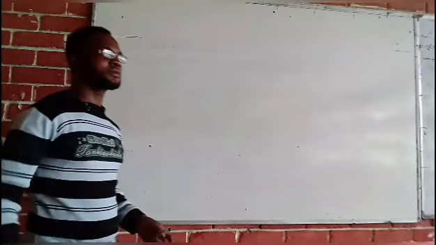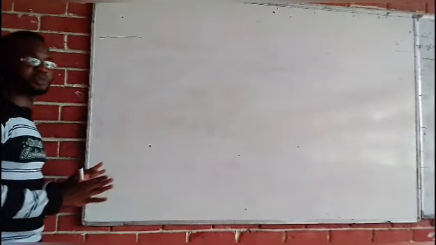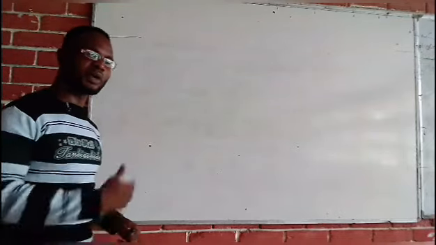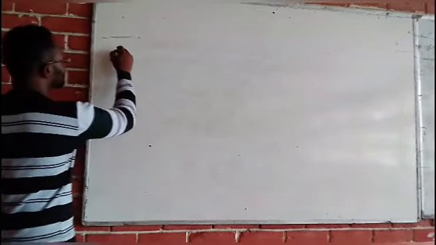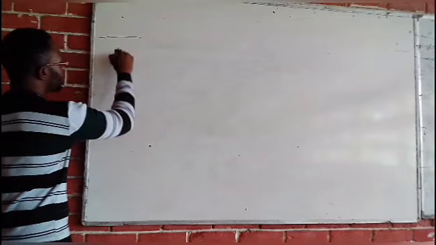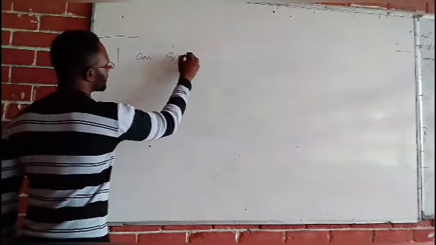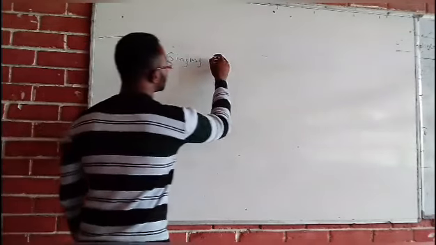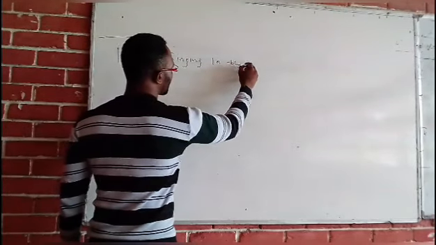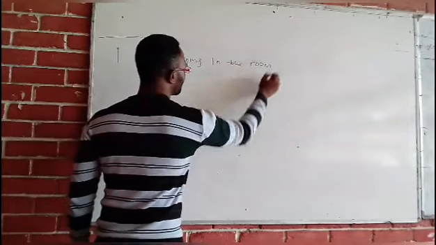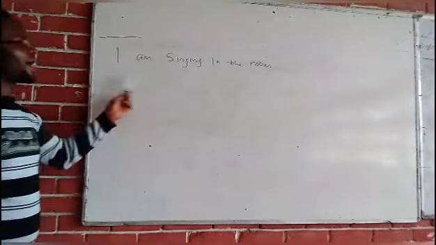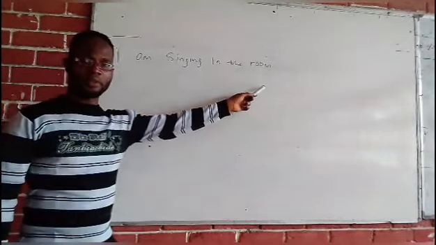Pushing further, there are other kinds of constructions which we want to check to see how such tree diagrams can be drawn. Look at this. I am singing in the room.